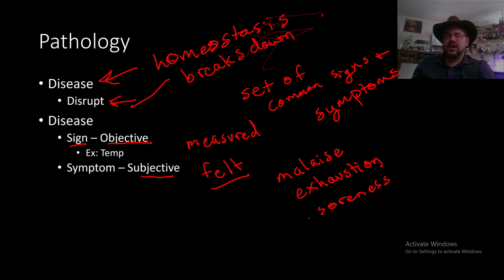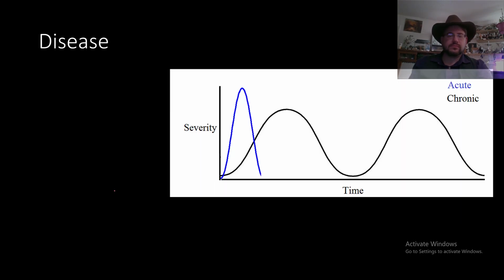These are things that are felt, but your doctor can't look at you, stick a thermometer in you, or attach something to you and get a number directly related to how bad you feel, how exhausted you are, how sore you are. These are subjective. So signs are objective, symptoms are subjective.